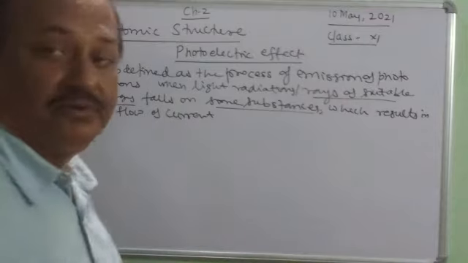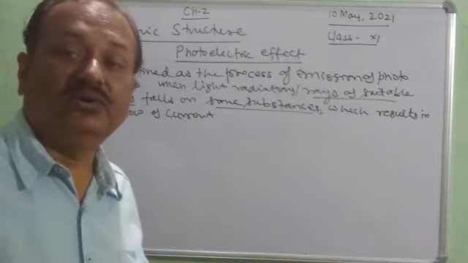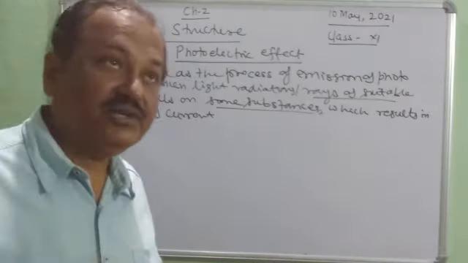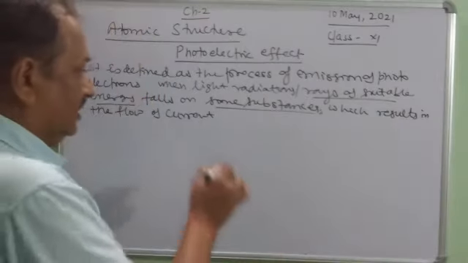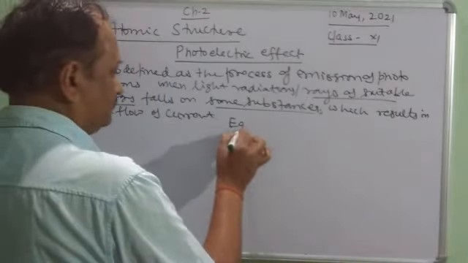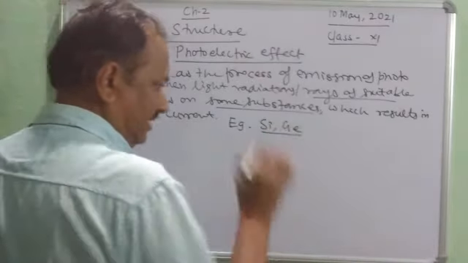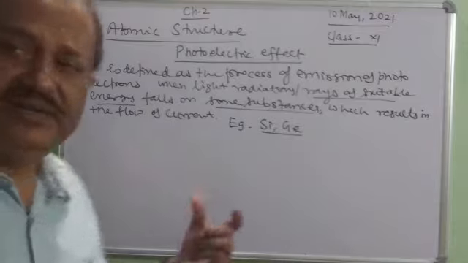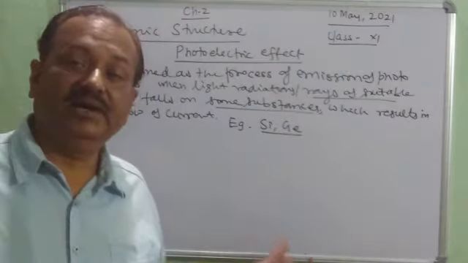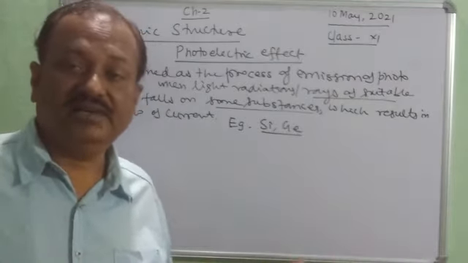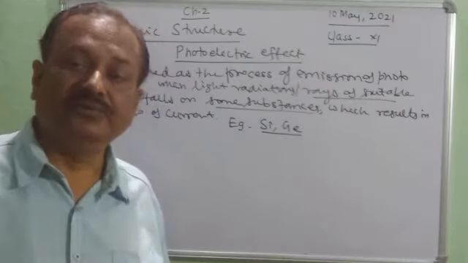And children, such substances, such elements, are called photosensitive elements. Example, silicon and germanium. There are different other compounds also, but silicon and germanium are the most sensitive substances or elements which exhibit the photoelectric effect.